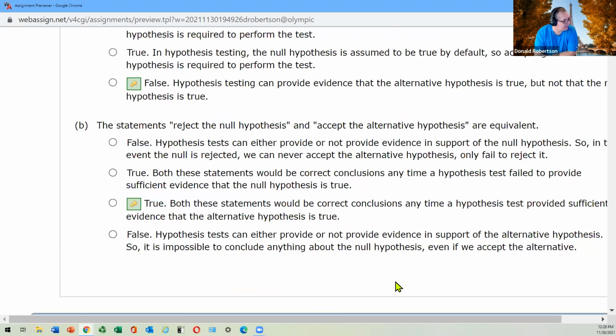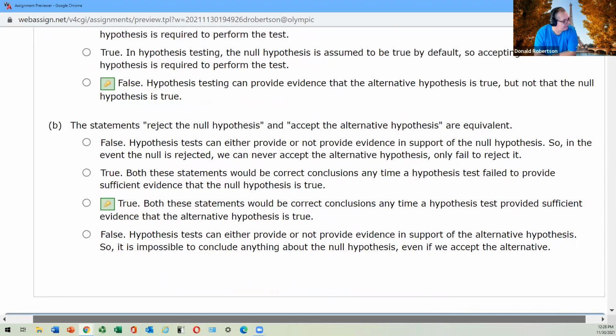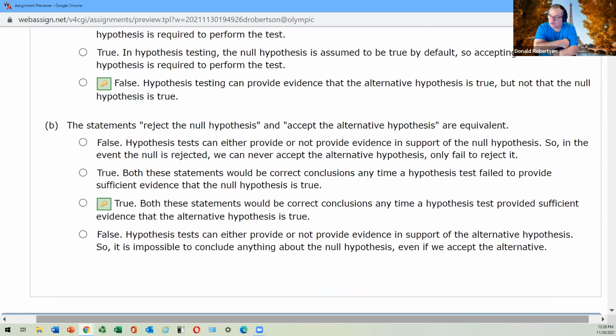What's the analogy to that? If you think of court cases, when you have a decision made in court, isn't it two answers, guilty and not guilty? Guilty is like the alternate hypothesis, right? You did the crime. You are guilty of it. But isn't not guilty not the same thing, if you're being pernickety about it, as you are innocent?